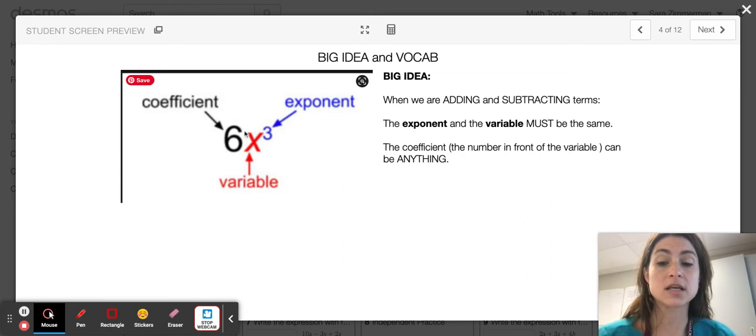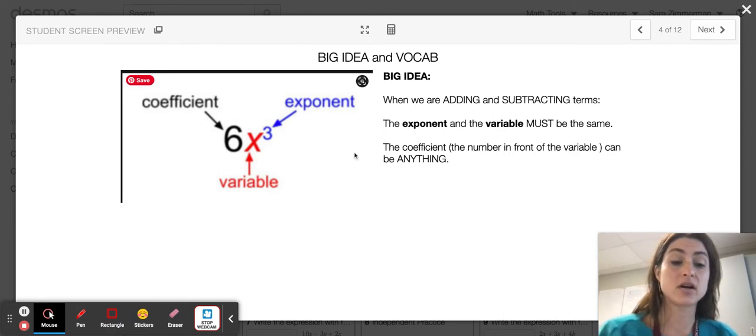As long as the variables are the same, like if this is an x and I want to add it to something else, that variable also has to be an x. And if this is an x with a tiny baby 3, an x to the third, then I can only add it and subtract it with things that are x to the third. Okay? That's kind of my mini lecture.